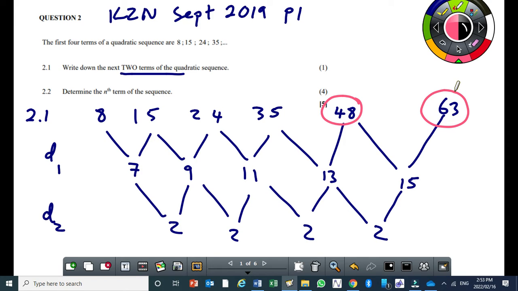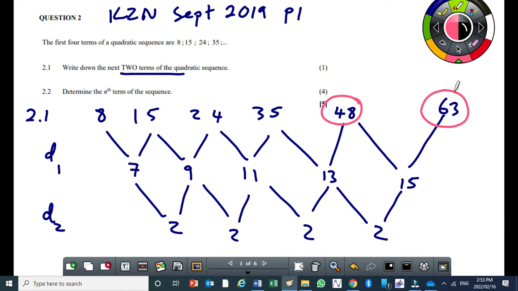Then from here now, you can now do 2.2. The good thing is I don't need to repeat the determination of the second difference. I found it. So 2.2, I need to find the nth term. Please be aware that the nth term is also called the general term.